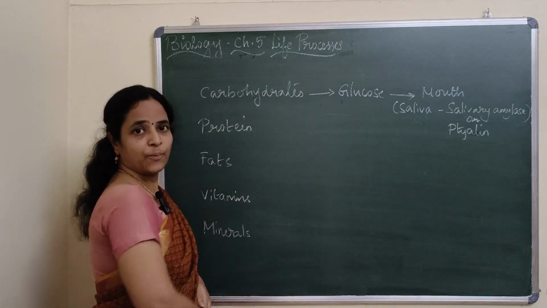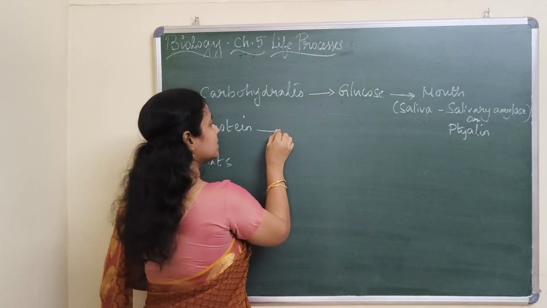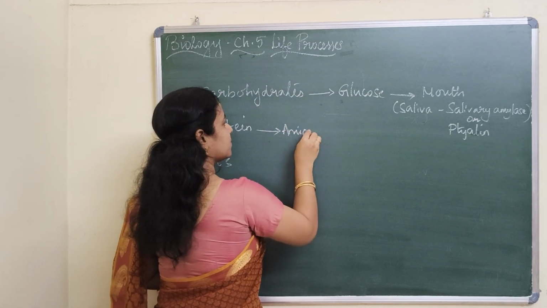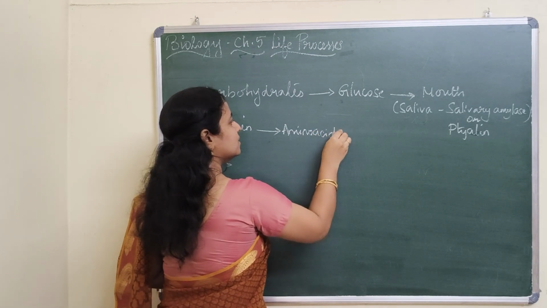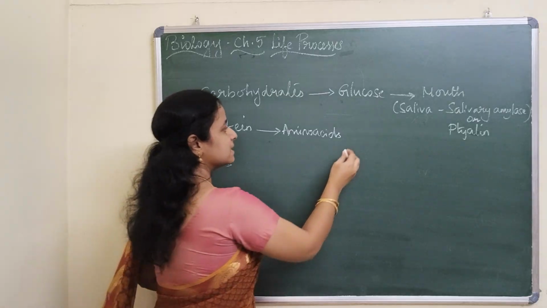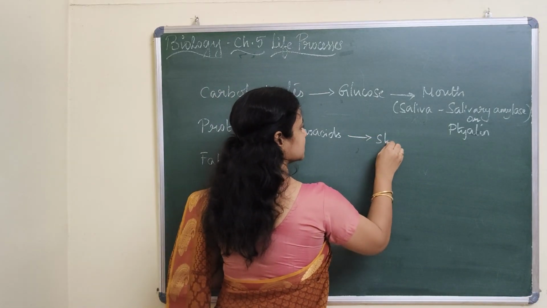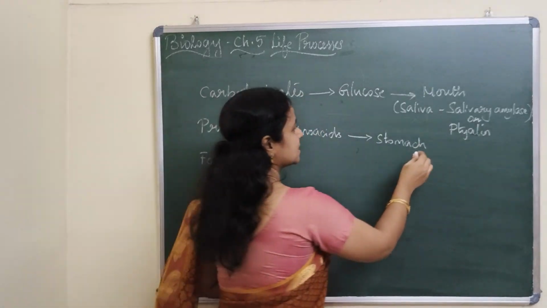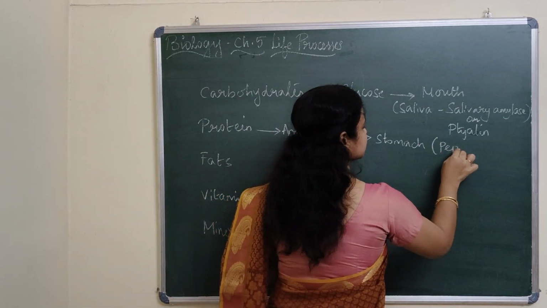So the next component is protein. Protein yields amino acids. The initial digestion of protein takes place in the stomach with the help of an enzyme called pepsin.